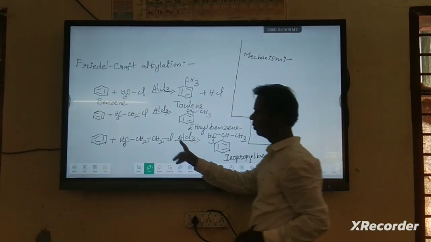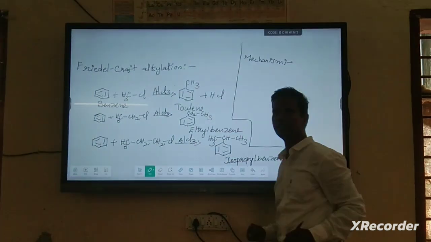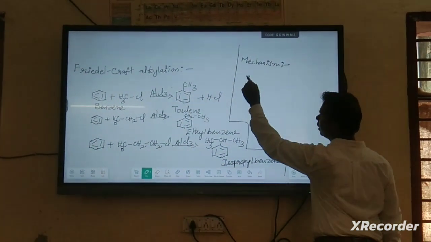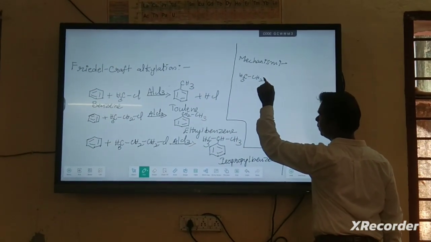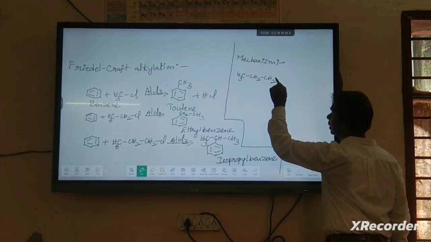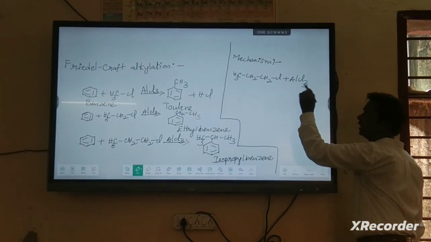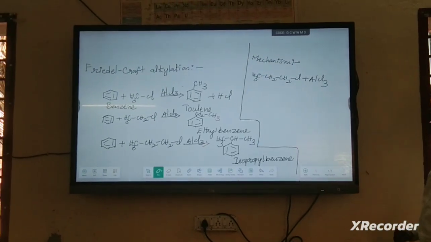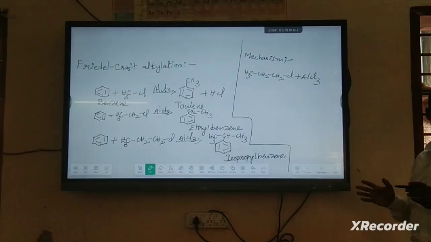First, what happens? This propyl chloride, CH3 CH2 CH2 Cl, reacts with AlCl3. AlCl3 is the Lewis acid. What is meant by Lewis acid?